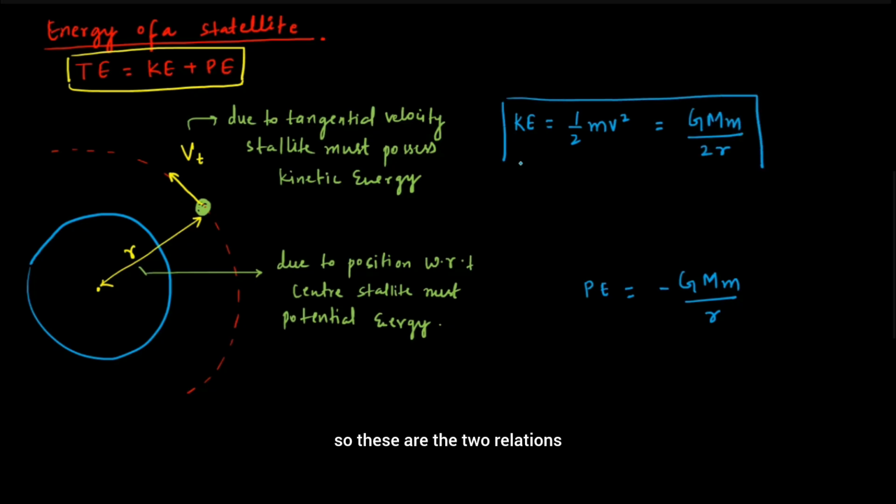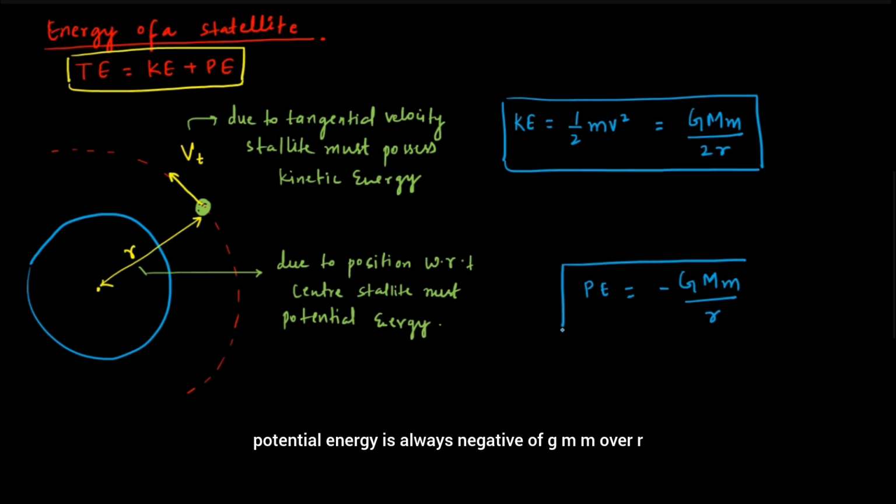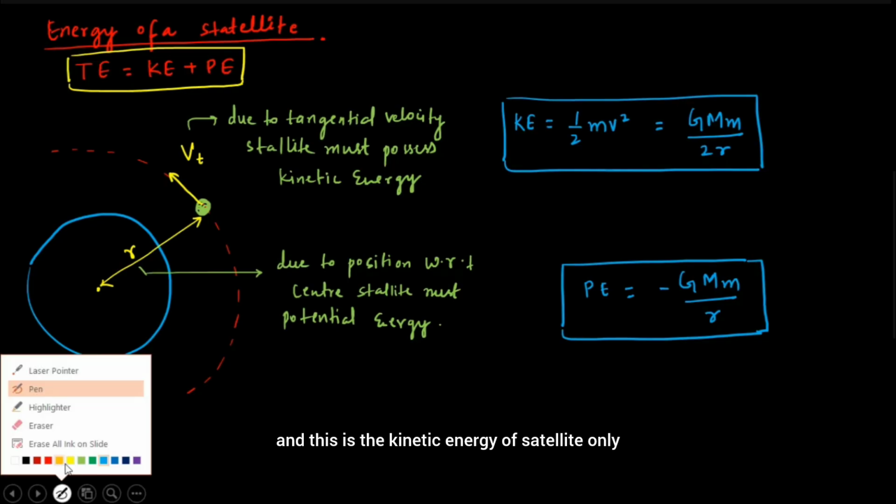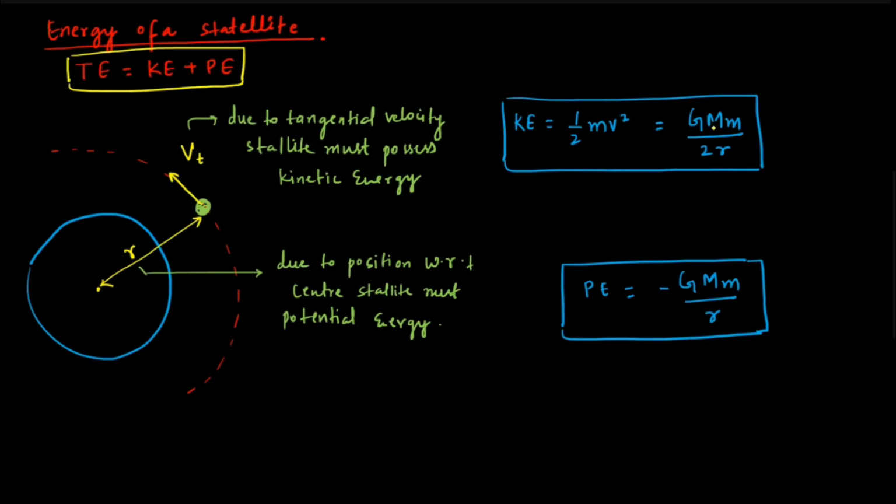So these are the two relations that you need to remember. Potential energy is always negative GMm over R, and kinetic energy, apart from half mv square, can also be written as GMm over 2R. And this is the kinetic energy of the satellite only. So basically, we got this through that only.